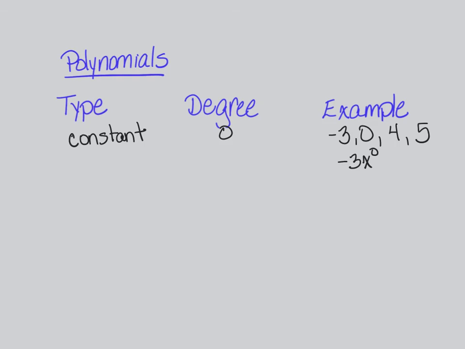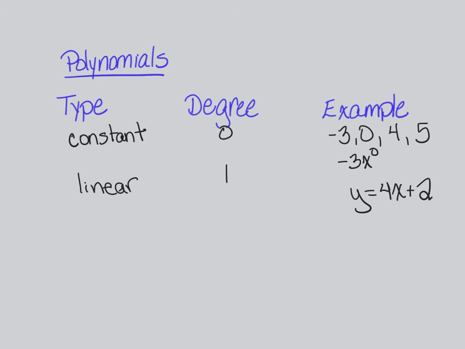Now, we've been talking about linear functions for a long time. What is the degree of a linear function? If I've got y equals 4x plus 2, what is the exponent associated with that x? So linear functions have a degree of 1.